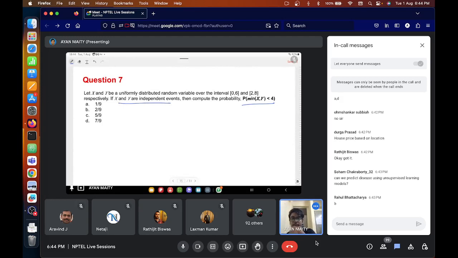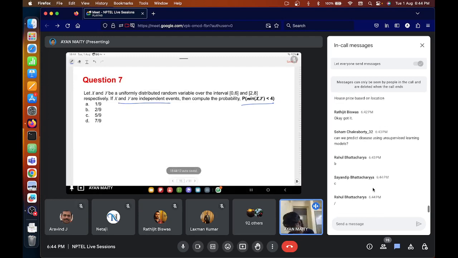So you have to find out this probability value. I will wait for a few minutes for all of you to complete the calculation. Okay, I have already received some answers here.